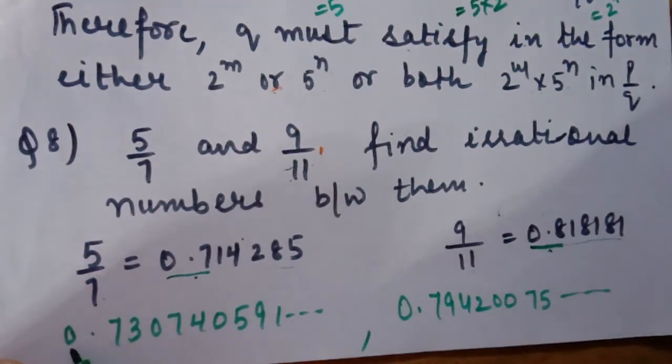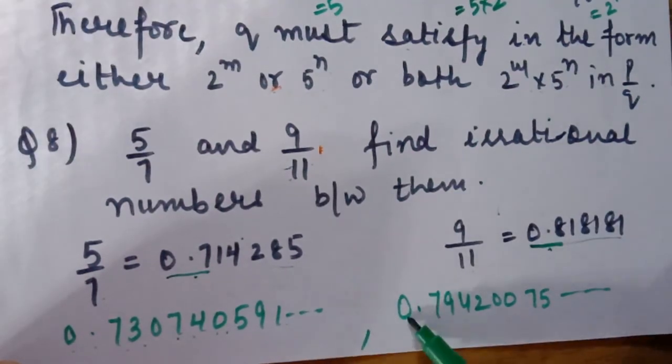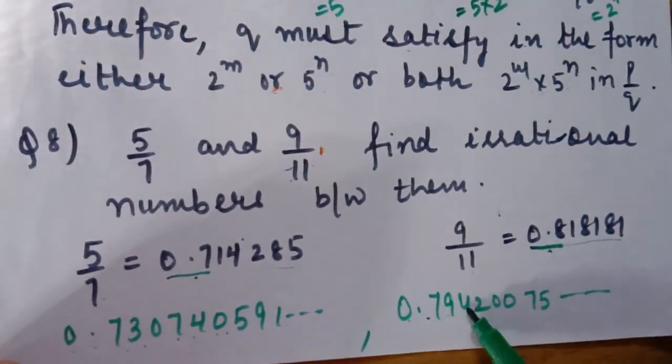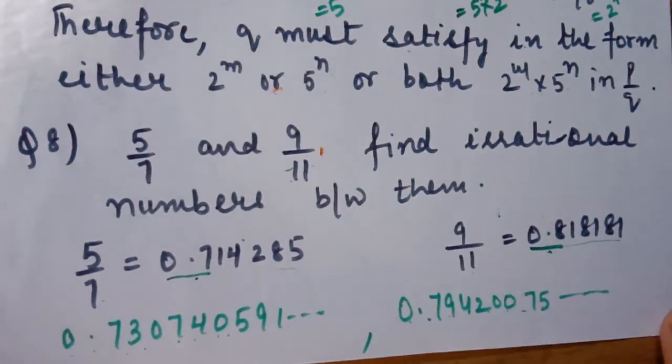So like one example, 0.73074059 and so on, and second example, 0.79420075 and so on. You can take any other example, because there are infinitely many irrational numbers between these 2 rational numbers.